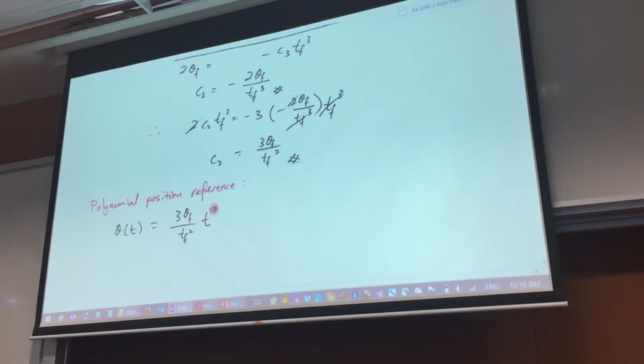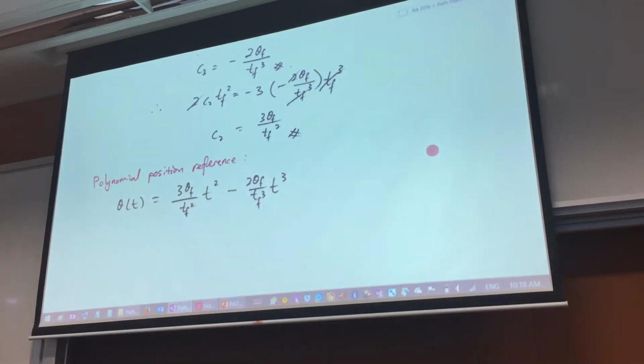So please remember there's a T squared over there because this is your C2. And then C3 is minus 2 theta F over TF cubed times T cubed. So I can simplify this a little by bringing out the common factor of theta F T squared over TF squared. And I have 3 minus 2 T over TF. That is my polynomial position reference.